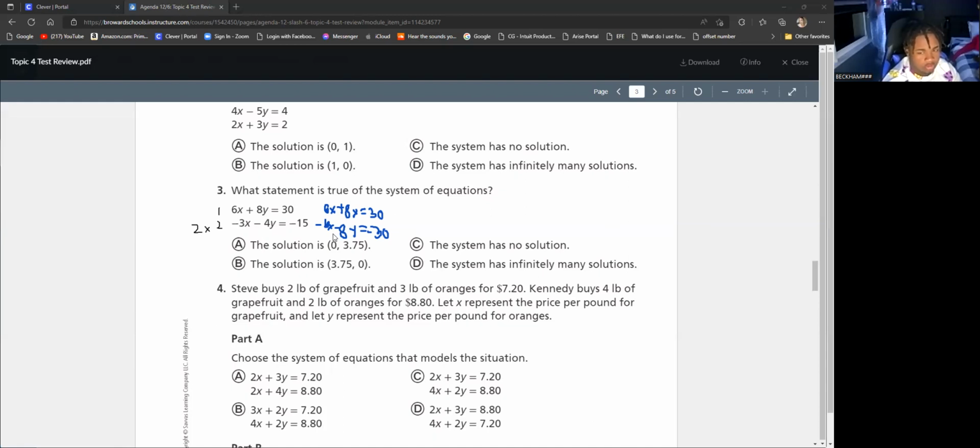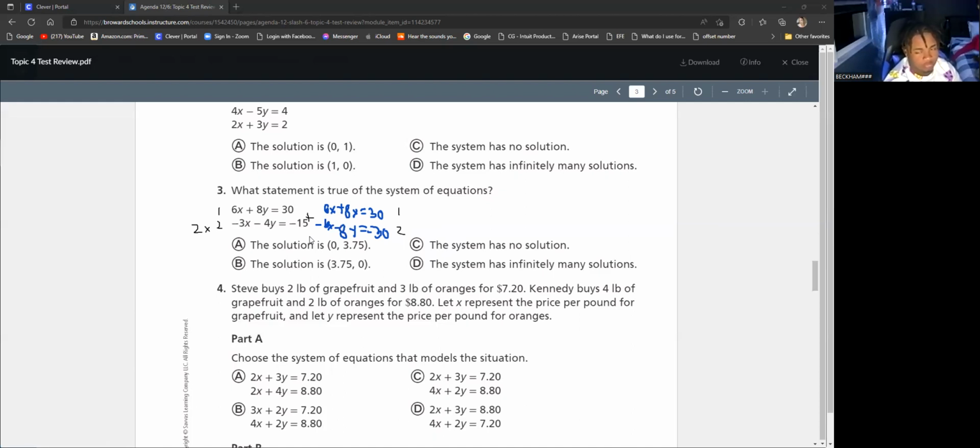This is number one. This is number two. If you add them, what happens to the equation? The new equation. Elimination.